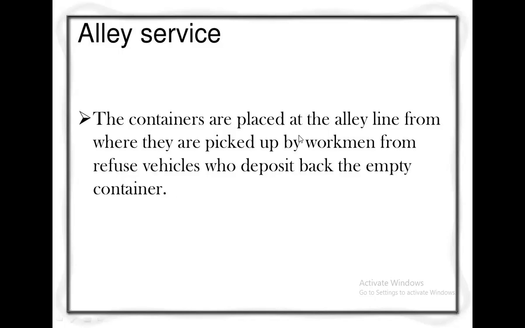From that alley line the workmen collect the container and they deposit back the container into the waste carrying vehicle. Curb is different, alley line is different. Alley line is the line where these containers are placed.